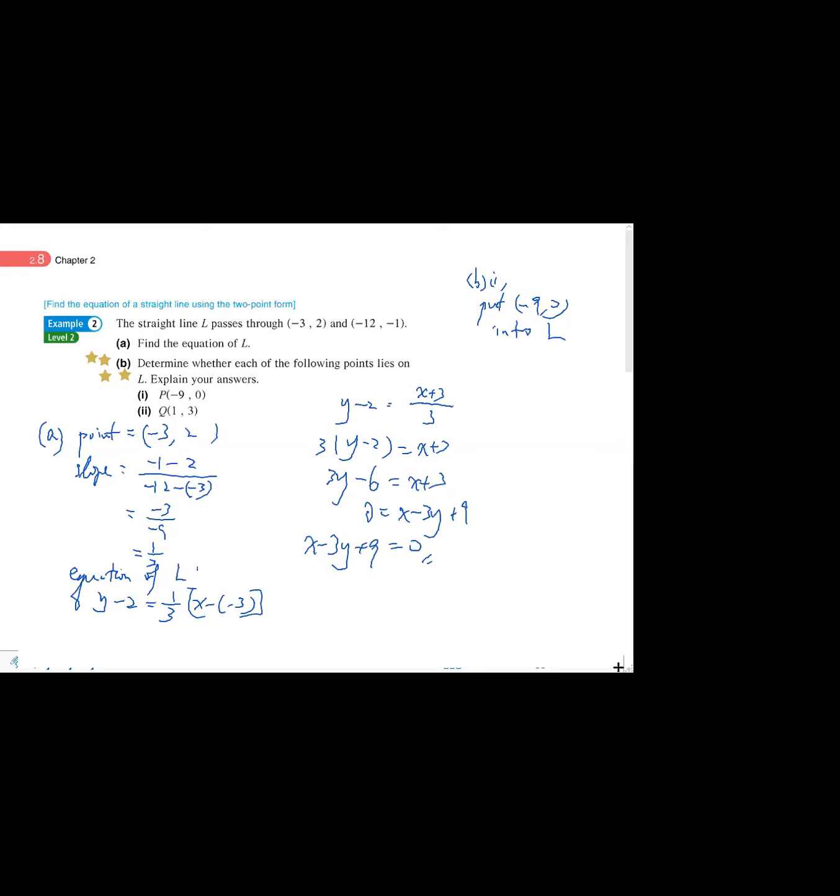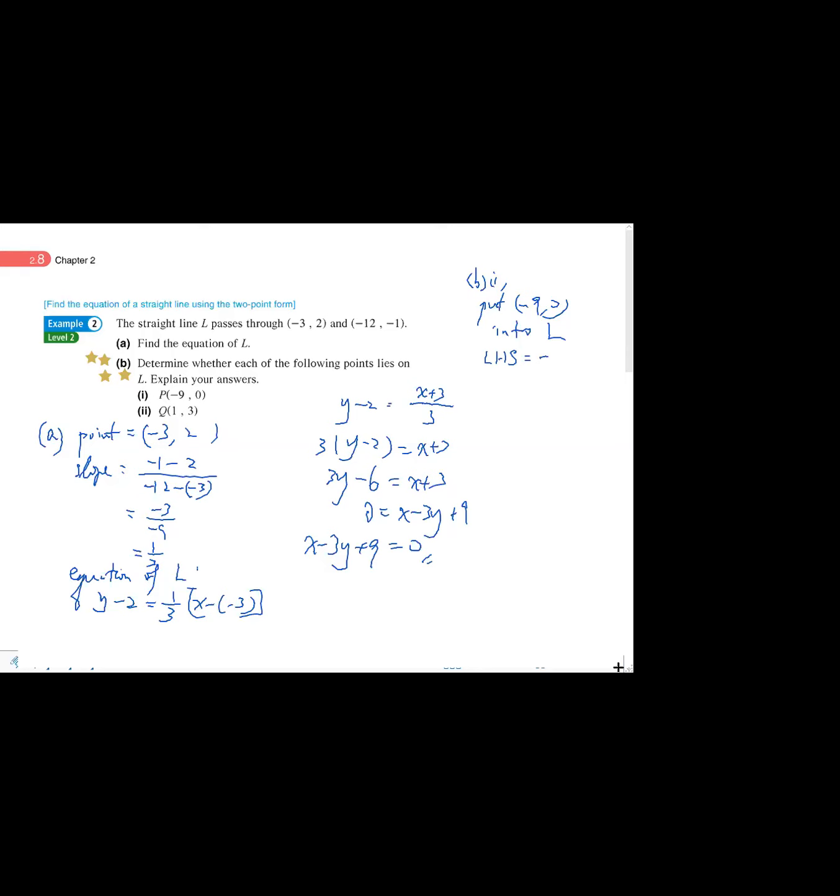So we put -9, 0 into L, and then we need to do the left-hand side and the right-hand side separately. Okay, the equation of L is x minus 3y plus 9 equals 0. The left-hand side is x minus 3y plus 9, but we don't write x and y.